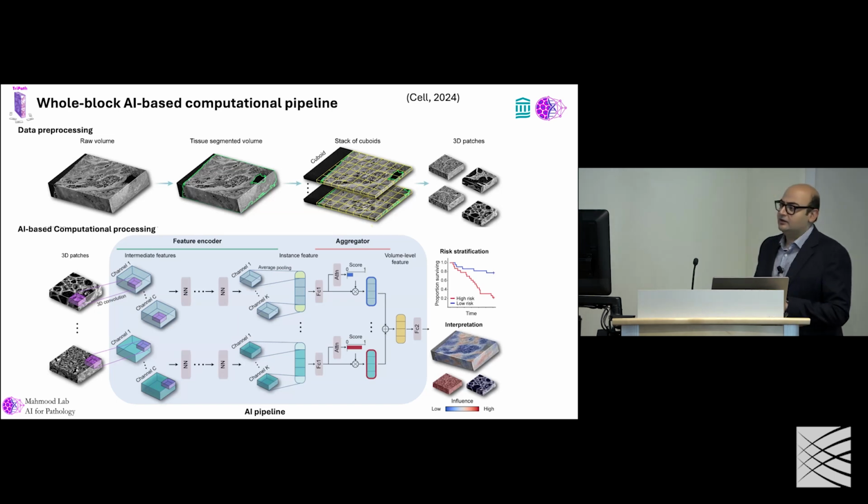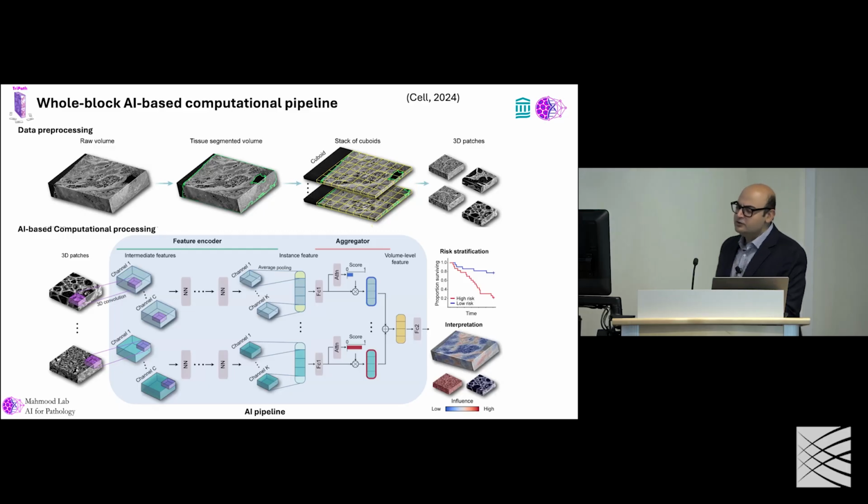We expanded multiple instance learning into a third dimension, which was complex, and it requires a lot of computing resources to train models like this. But basically, we managed to scale this, and it follows a similar paradigm where we extract features, we aggregate, and then we pose the problem that we're trying to solve.